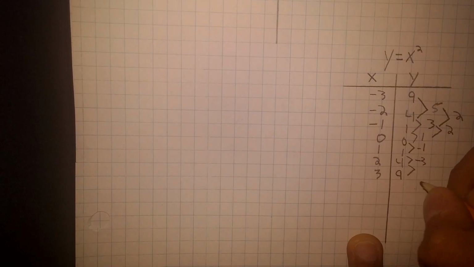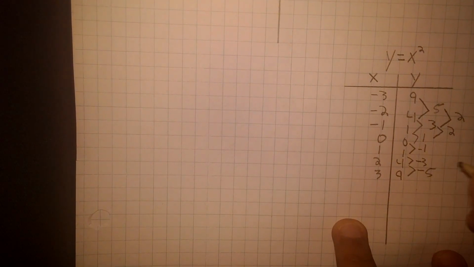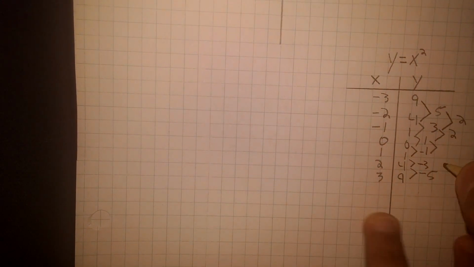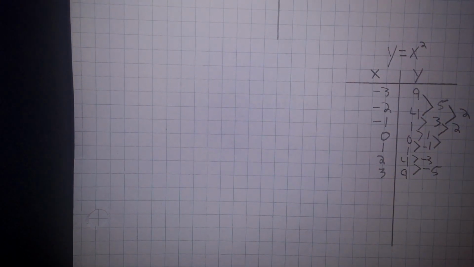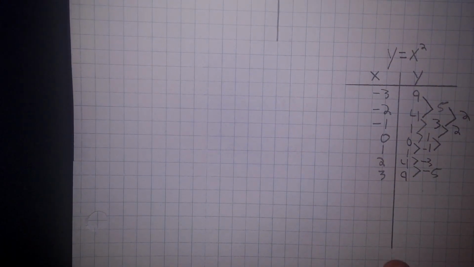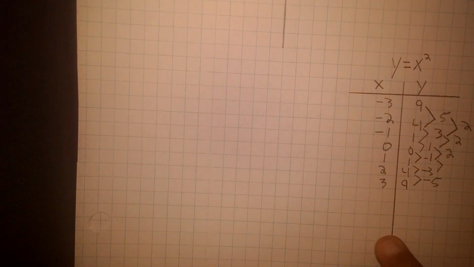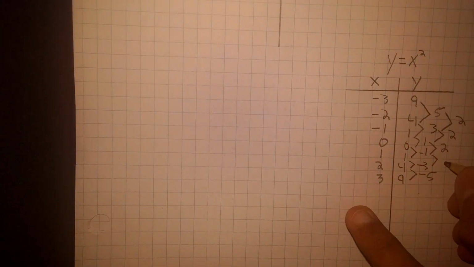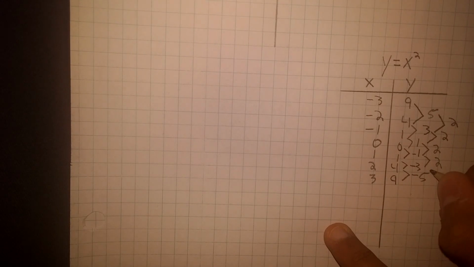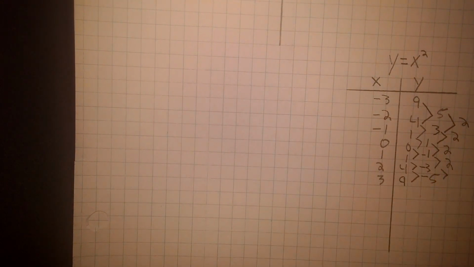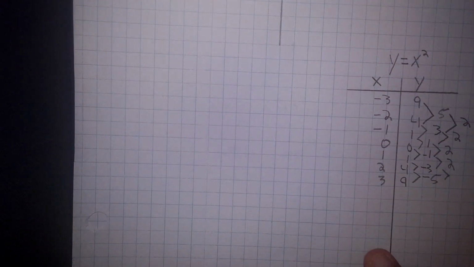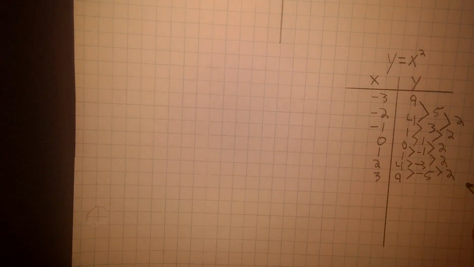And then what's 4 minus 9? -5. What's 1 minus -1? That would be 1 plus 1, 2. What's -1 minus -3? That would be 1 plus 3, so it would be 2 again. And then what's -3 minus -5 would be +2.